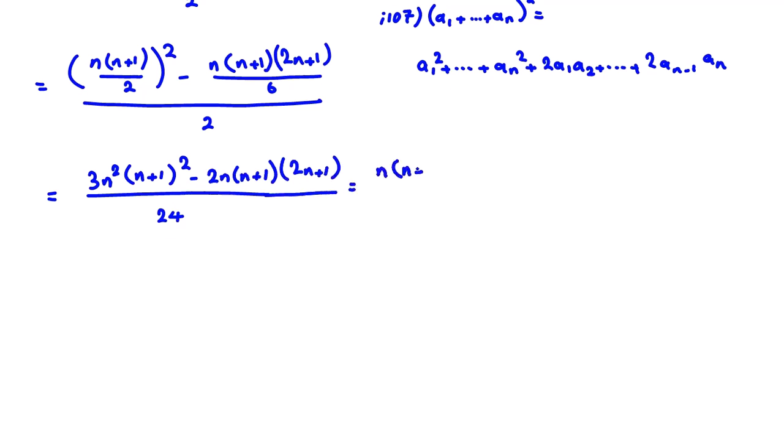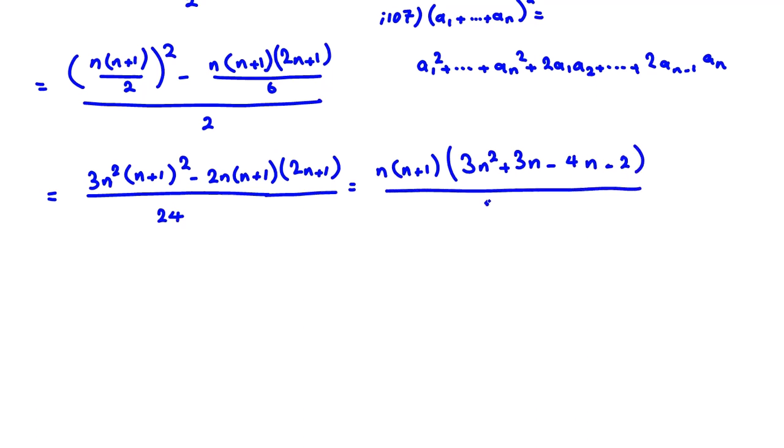And we factor out n times (n plus 1): 3n squared plus 3n, minus 4n, minus 2. And we divide it by 24. So it will be n times (n plus 1) times (3n squared minus n minus 2) over 24.